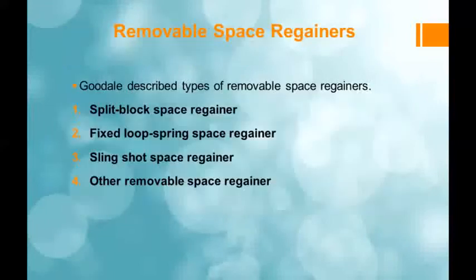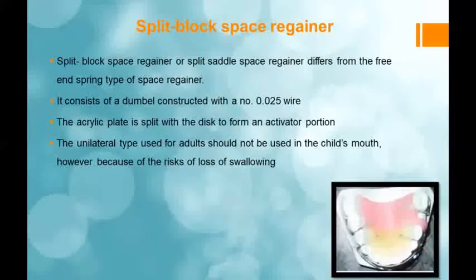Now, starting with the removable space regainers, Goodall described the types of space regainer, which include the split block space regainer, fixed loop spring space regainer, slingshot, and other removable space regainers. Now, the split block space regainer is also known as the split saddle space regainer.